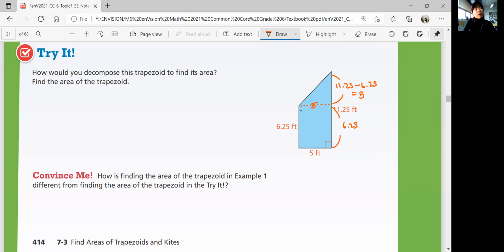And the whole thing is 11.25. So then you can find the area of this rectangle, 5 times 6.25, to get 31.25. And then the area of this triangle, 5 times 5 divided by 2, which is 12.5.